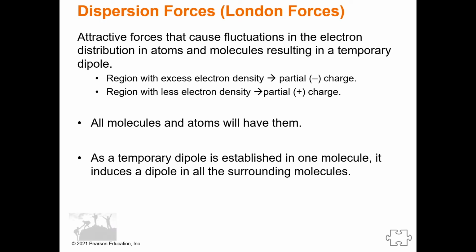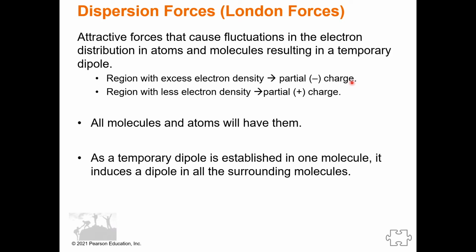So just to refresh, a nonpolar molecule does not have a negative end or a positive end. The electron density is spread evenly throughout that molecule. However, there are certain times where the electron density can be moved over to one side of that molecule. And when that happens, that one side that has the excess electron density will have a partial negative charge.